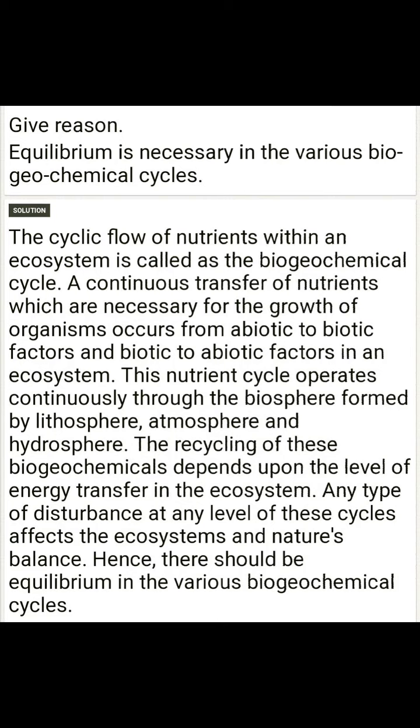The recycling of these biogeochemicals depends upon the energy transfer in an ecosystem. So if any disturbance occurs in this energy transfer, there will be a complete imbalance of these biogeochemical cycles, and that is why it is very important to maintain the equilibrium of various biogeochemical cycles.